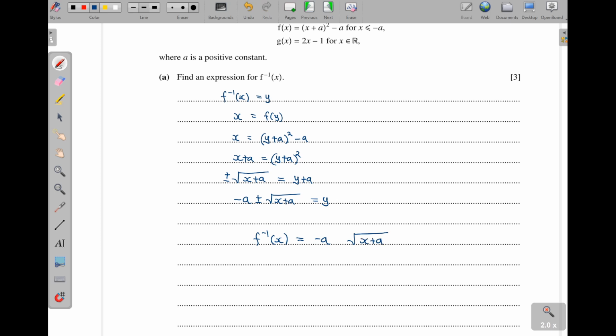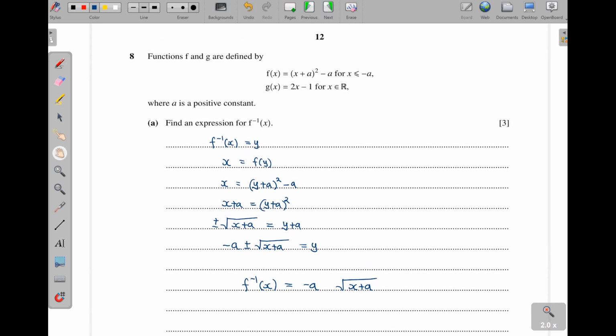Now, when you look at this function, it is a U-shaped curve, because the coefficient of x squared is positive. The turning point is found by equating this one to 0, then x is going to be negative a, and also this one is negative a, that is the y coordinate.